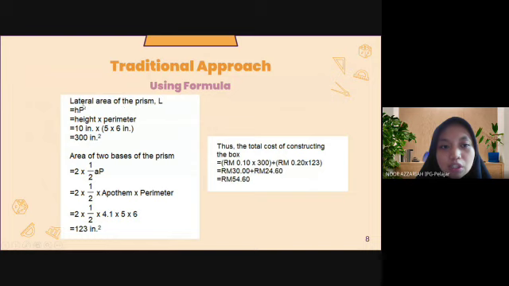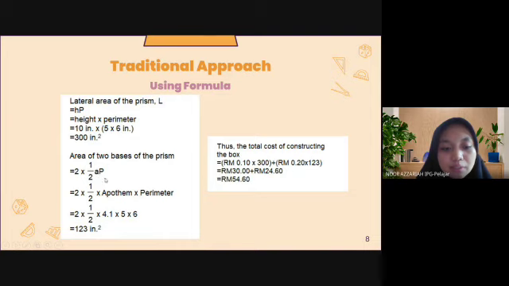as usual, we need to find the lateral area of the prism by using the formula, which is L equals HP, height times perimeter. So the height is 10 inch times the perimeter, which is 5 times 6 inch. Then we get 300 inch square. And then we find the area of the two bases of the prism, where the formula is 2 times 1 over 2 AP.